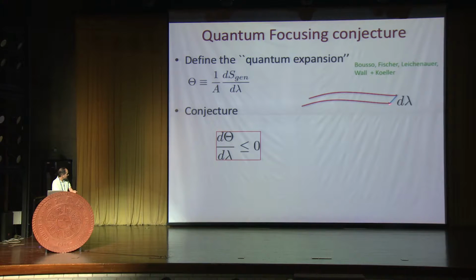More precisely, we consider the area plus the von Neumann entropy of the fields on this slice. That's at one time, and then we take the difference of that at some other affine parameter later. We define this so-called quantum expansion, and the conjecture is that this will always be less than or equal to 0.